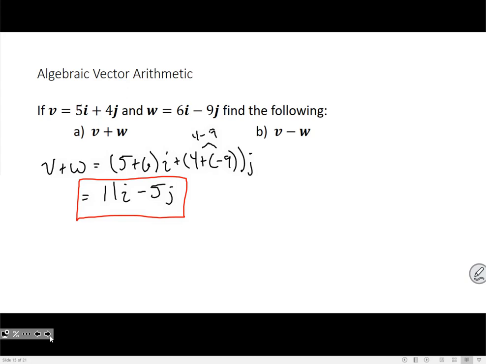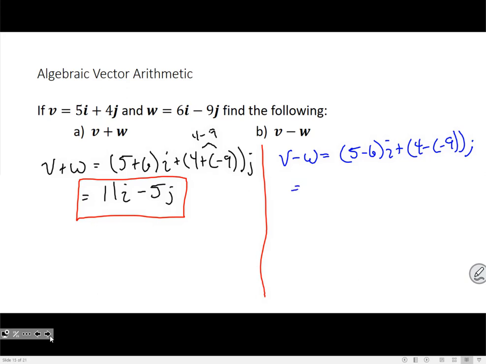For the next part B, I'm going to do something very similar. I'm going to do v minus w. So now the order really matters. So I'm going to take the i component of v first, which is 5, and then I'm going to subtract from that the i component of w, which is 6. So 5 minus 6i, and then plus 4 minus a negative 9, and that becomes my j.